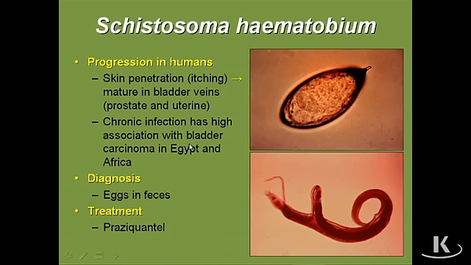Again, very similar. The organisms are going to penetrate intact skin, but now they mature in the bladder veins. And what happens is you get hematuria, and in areas of the world where this has a high incidence, they will actually refer to this as male menstruation, because when a male gets it and he has the hematuria, clearly you can make the connection there. Now, chronic infections in areas of the world like Egypt and Africa, Schistosoma haematobium is associated with bladder cancer.